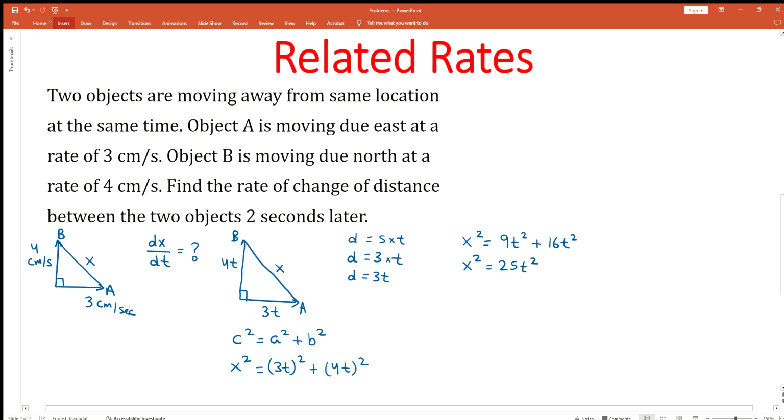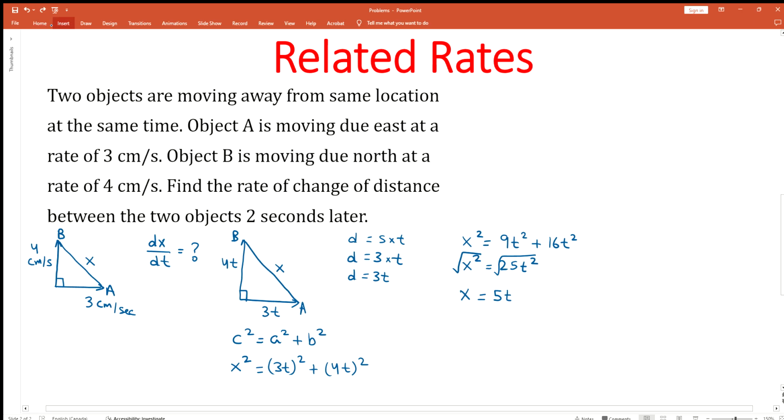We can solve for x by applying square root to both sides. We only consider the positive case when we apply the square root because x represents the distance between the two objects and the distance cannot be negative. So x equals 5t.